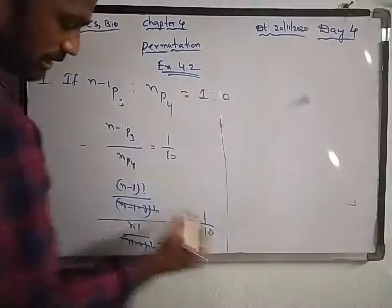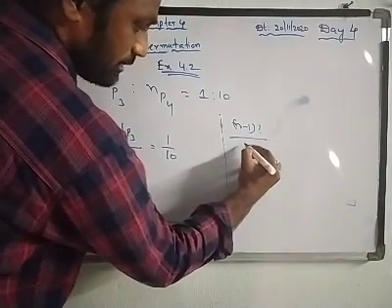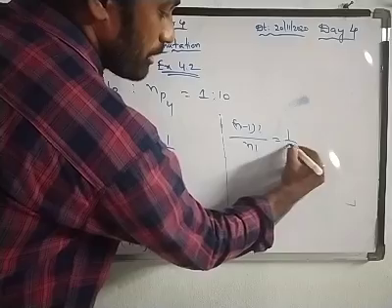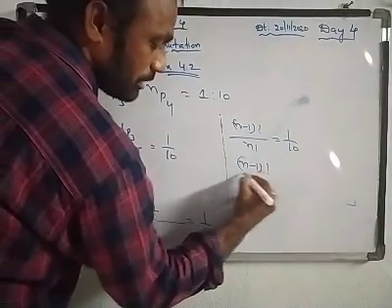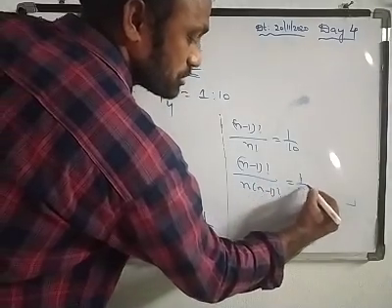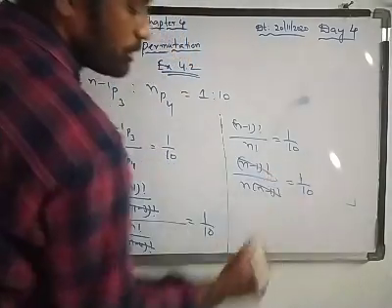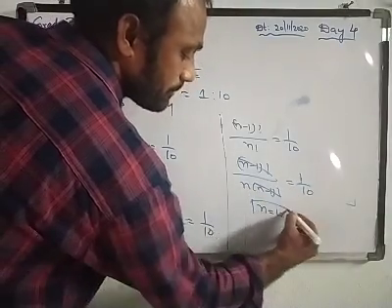The left terms are (n minus 1) factorial by n factorial is equal to 1/10. So this can be written as (n minus 1) factorial as it is, n into (n minus 1) factorial, equal to 1/10. (n minus 1) factorial gets cancelled. If you do cross multiplication, n is equal to 10.